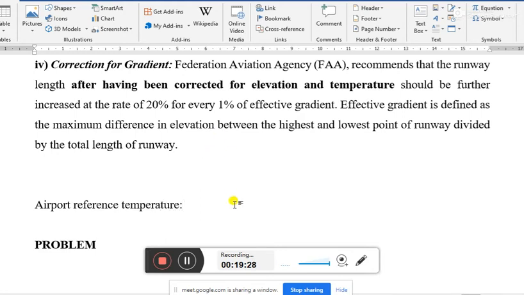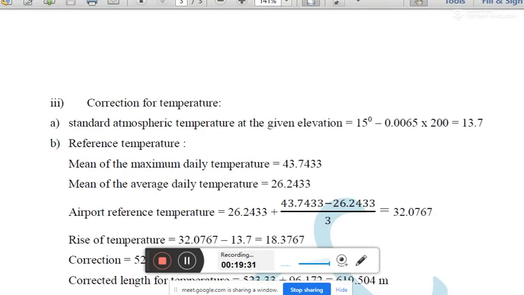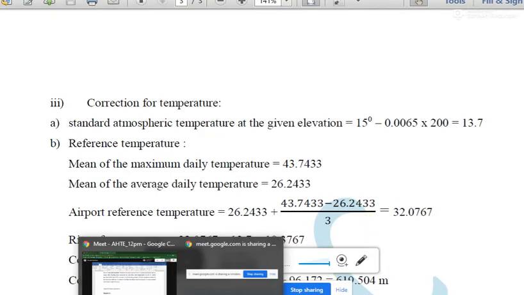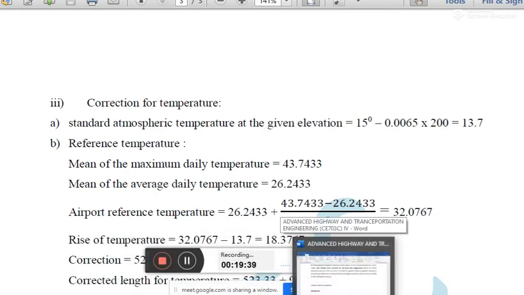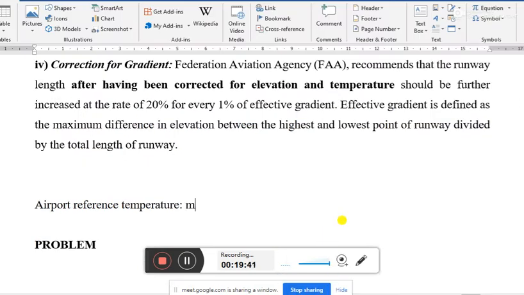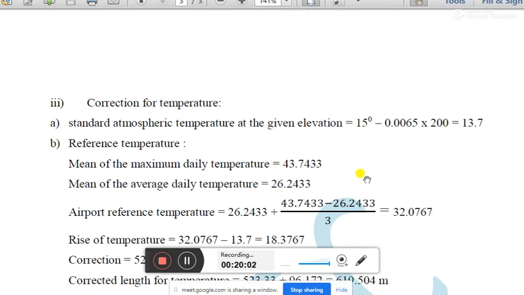Airport reference temperature is nothing but there is one empirical equation that is given, that is the mean of the average daily temperature. I'll describe the terms. First of all, please try to understand the equation. I'll describe the terms.